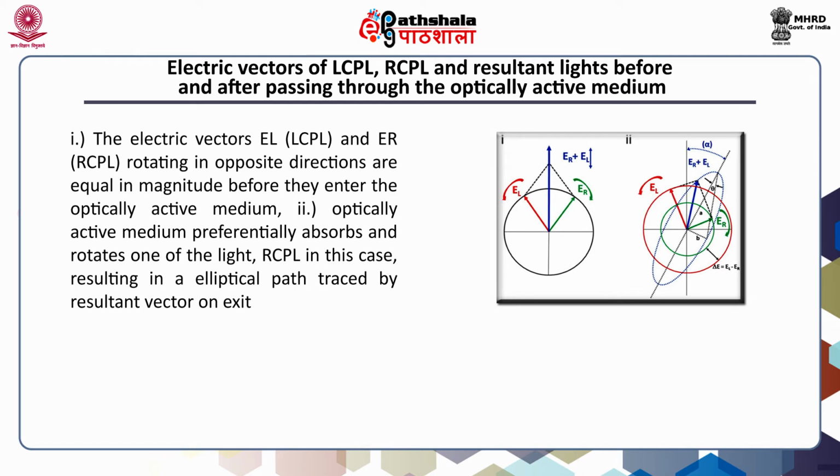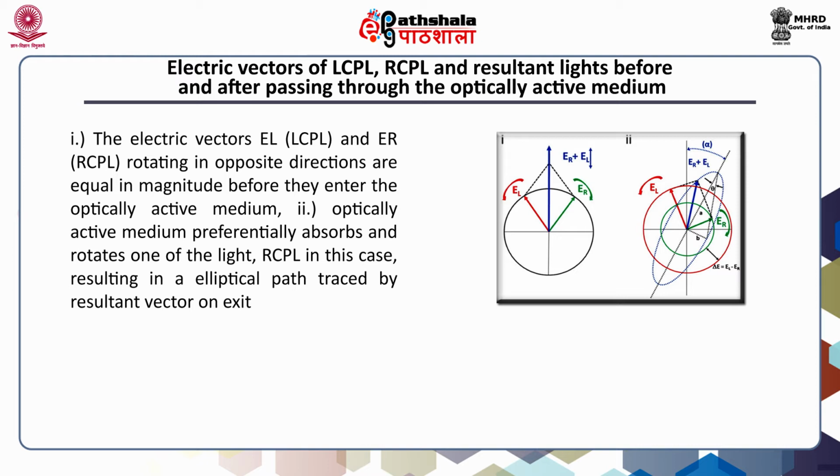In a CD experiment, an equal amount of LCPL and RCPL is sent to the optically active medium, where they are absorbed to different extents and emerge as two still circularly polarized lights but with different amplitudes. The combined resultant light, that is the addition of LCPL plus RCPL, shown with the dotted curve in the figure on the right side, is elliptical and oriented at an angle alpha with respect to the plane of the incident resultant light.